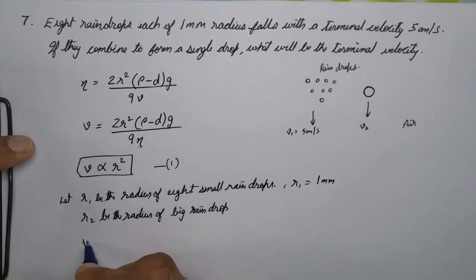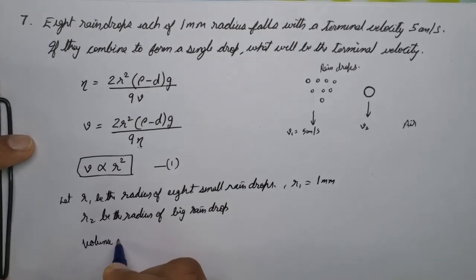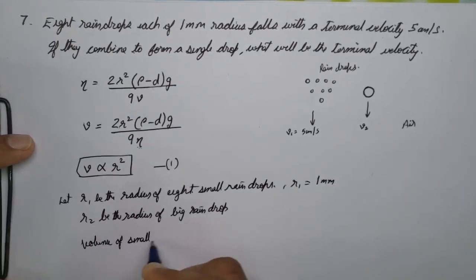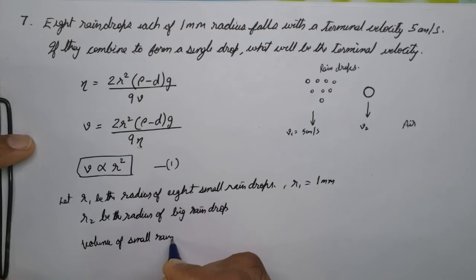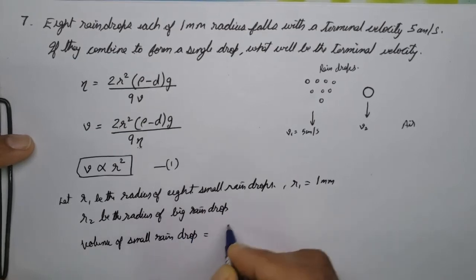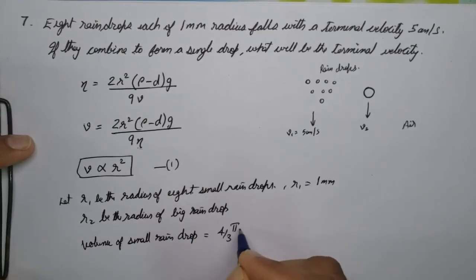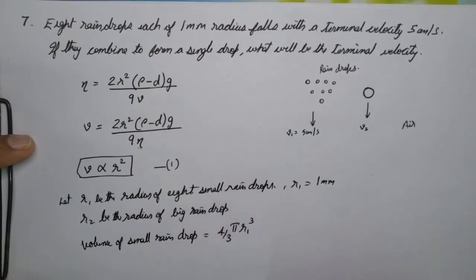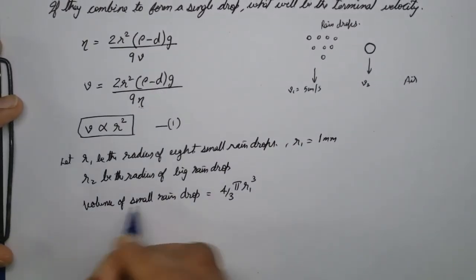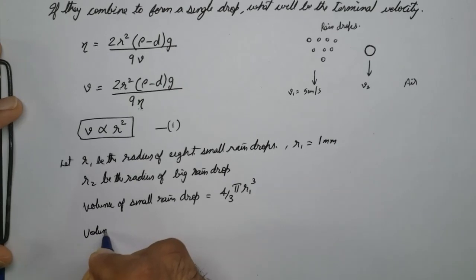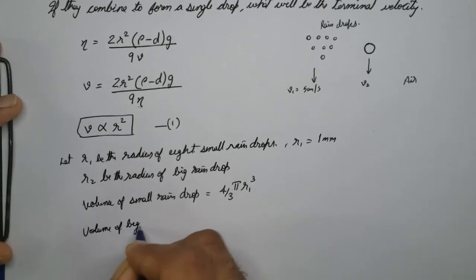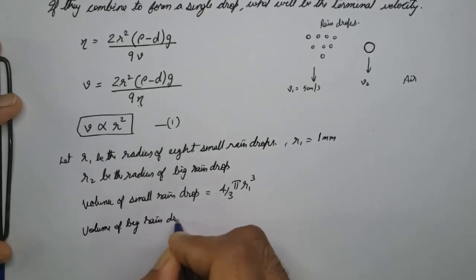So എന്താണ് volume of small raindrop? It is equal to 4/3 pi r1 cube. What about volume of big raindrop?